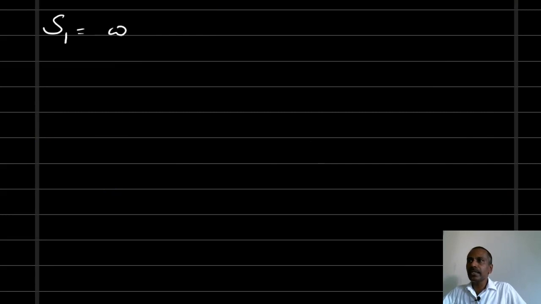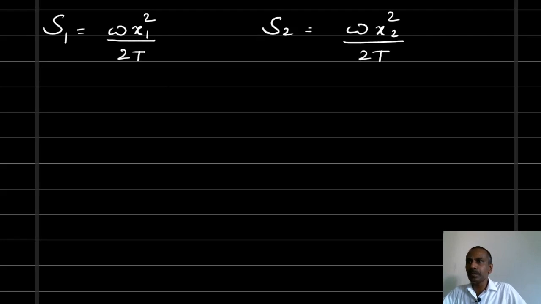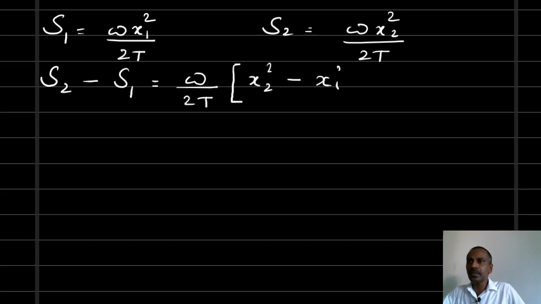S1 can be written as W into x1 square by 2T. And S2 is equal to W x2 square divided by 2T. Let's find out S2 minus S1 is equal to W by 2T into x2 square minus x1 square.